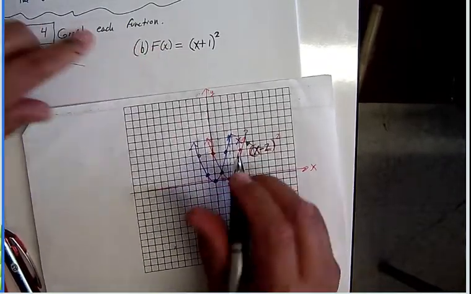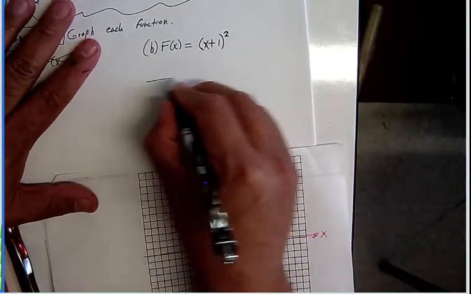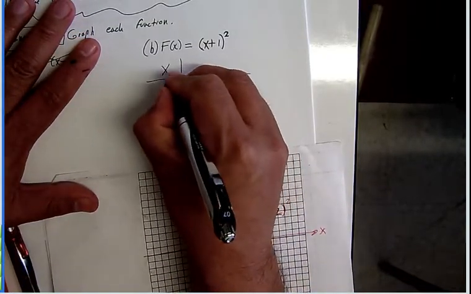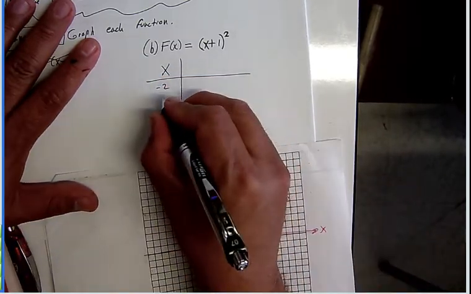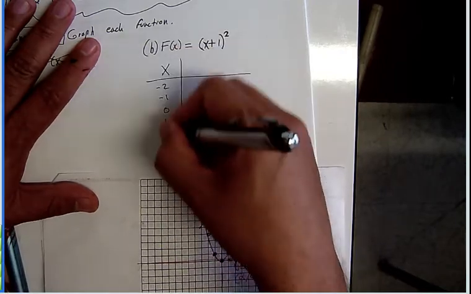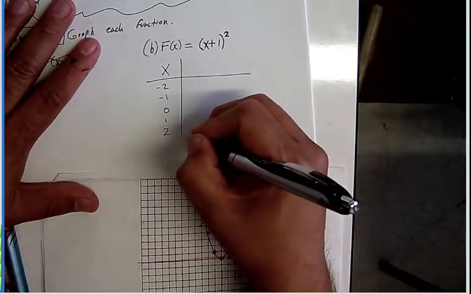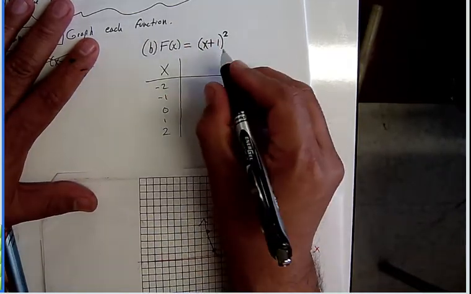So let's do a table for this one. I'll try -2 to see if that works. So I'm picking these numbers myself. They're not giving it to me. I'm just choosing those numbers. Like I said, pick negatives and positives.